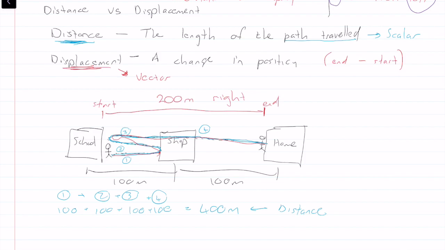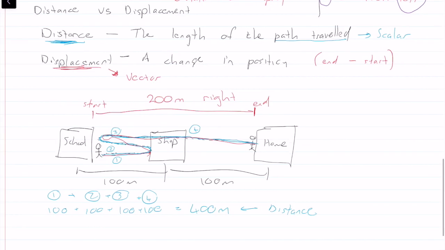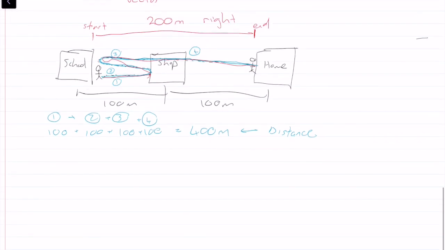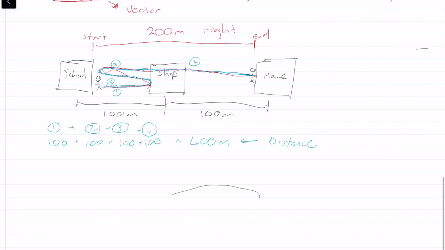Okay, so a very interesting situation comes up with these questions. Let's say that you are an extremely good athlete and you've decided to run track. So we have a track right here.